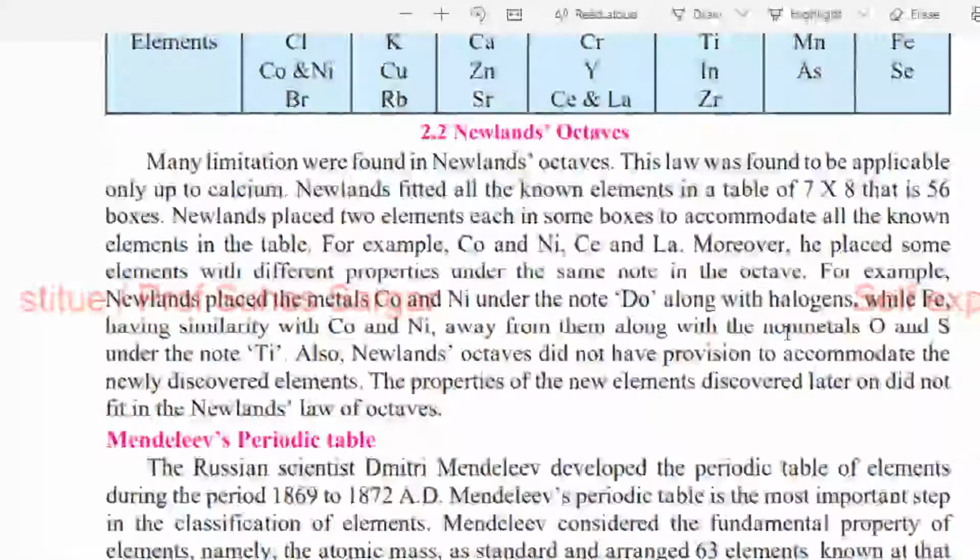The properties of new elements discovered later on did not fit in Newlands' Law of Octaves.